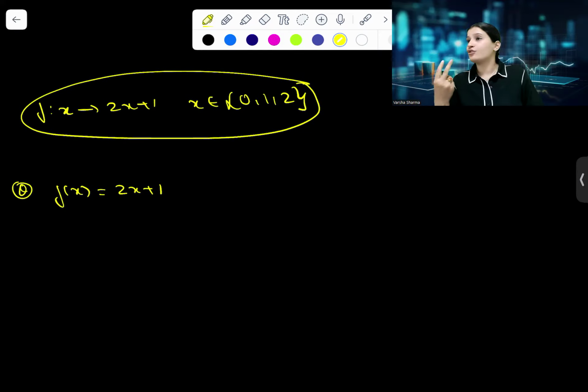And second, an even root should not be negative, right? Inside the root, we should not have a negative number. Rest everything is a real number. So for us, the largest set would be real numbers. And then from that we will find out what values I'm allowed to use, which will come under domain, and whatever is not allowed, throw it away, right?